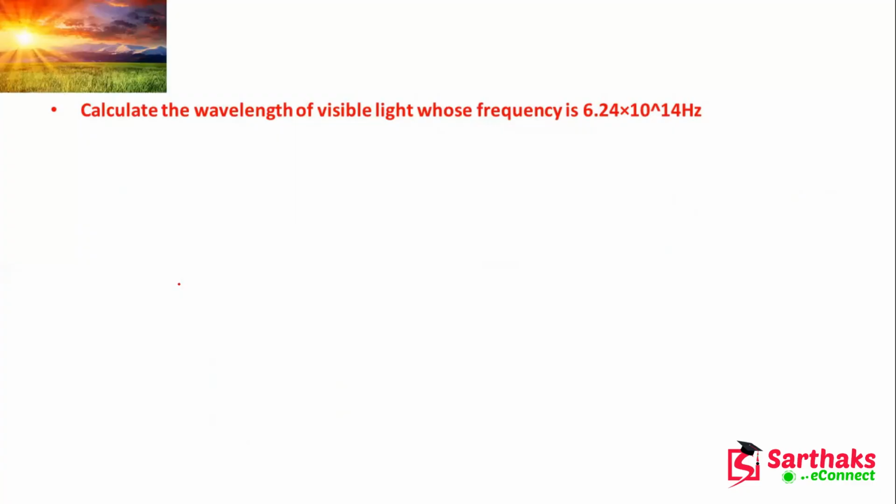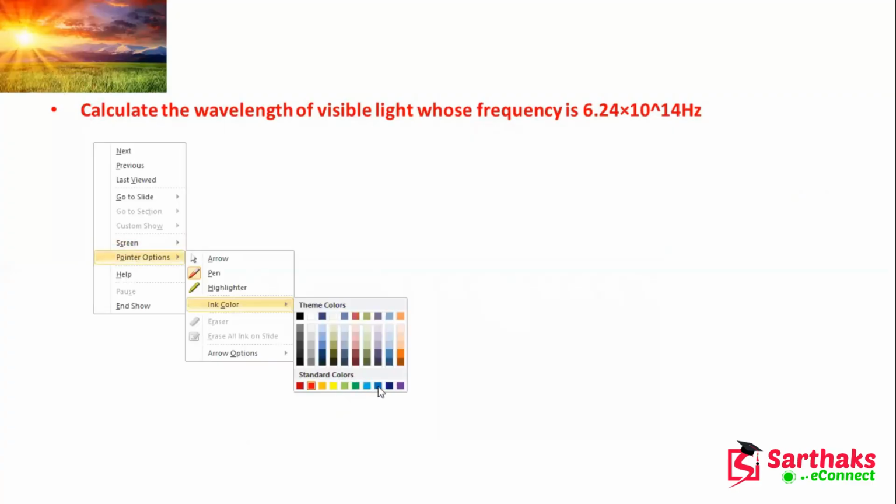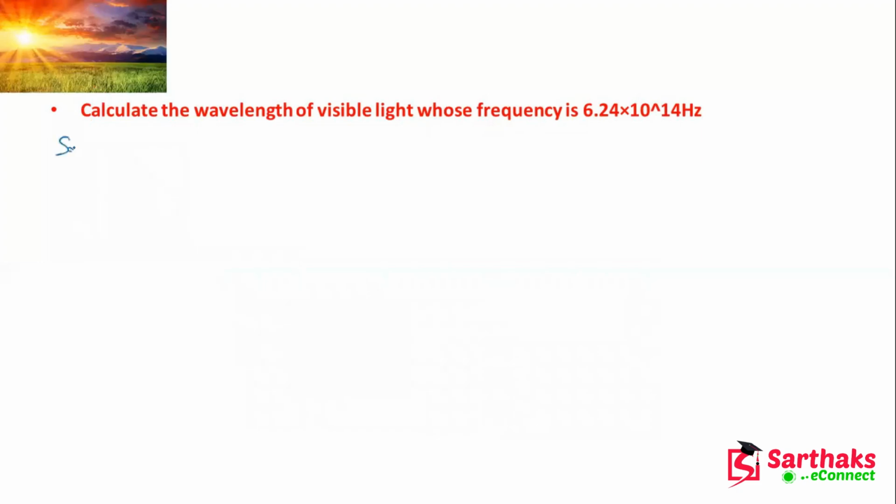Now calculate the wavelength of visible light whose frequency has been given. The frequency of the light is 6.24 into 10 to the power 14 hertz.